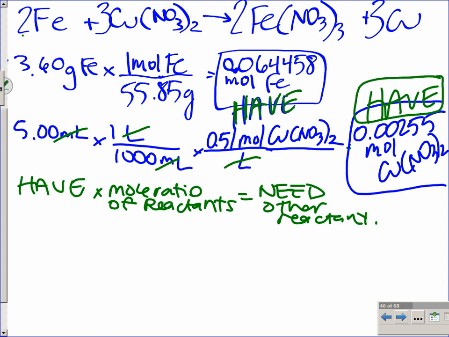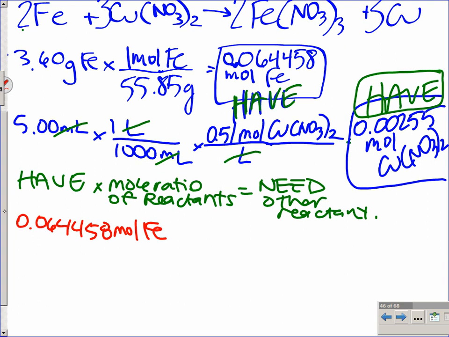So here we go. I'm going to do this in red. I'm going to take my 0.064458 moles of iron and compare that to my other reactant. Who's my other reactant? Copper 2 nitrate. What's the ratio that they exist in? 2 to 3 or 3 to 2. But because I actually have iron already, I'm going to put the iron on the bottom like I always do. Can you guys see this?